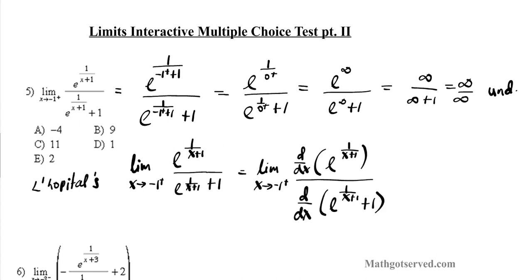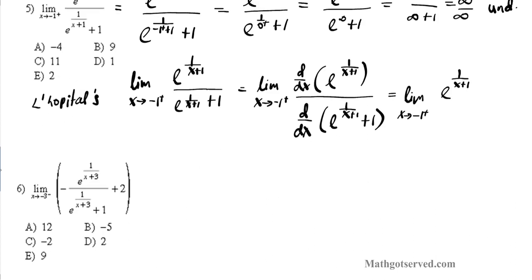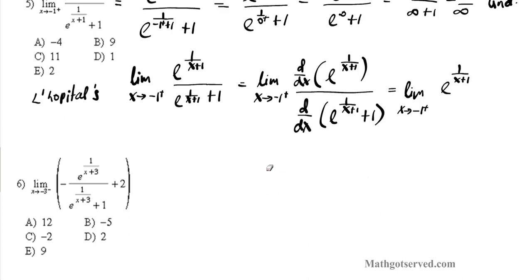Okay, let's go ahead and find the derivative. So we're going to have the limit as x approaches -1 from the right. If you differentiate this, we're going to use the chain rule. We're going to have e to the 1 over x plus 1 times the derivative of 1 over x plus 1. This is how you do it. 1 over x plus 1 is the same thing as x plus 1 to the -1.